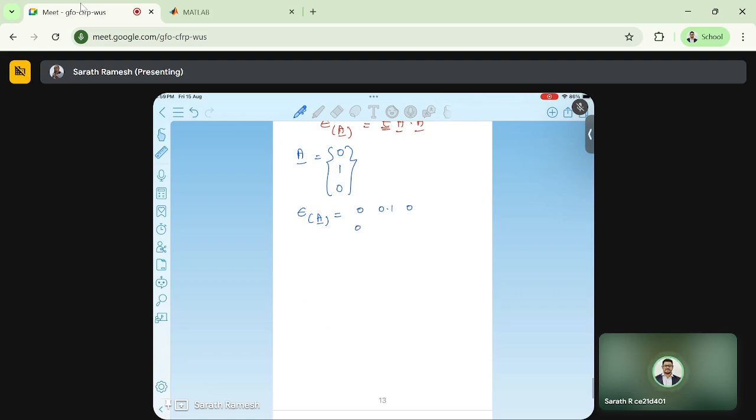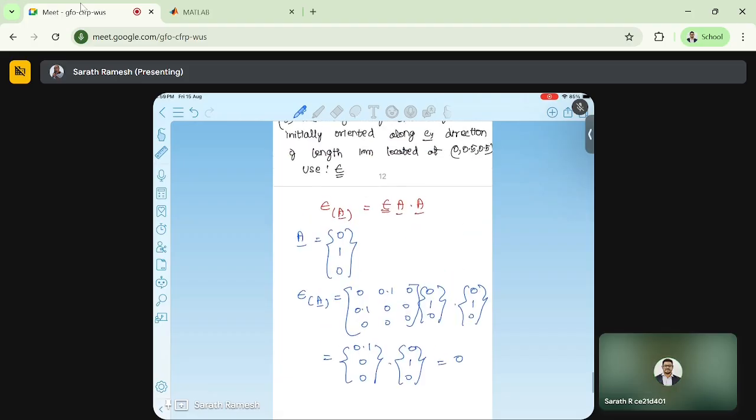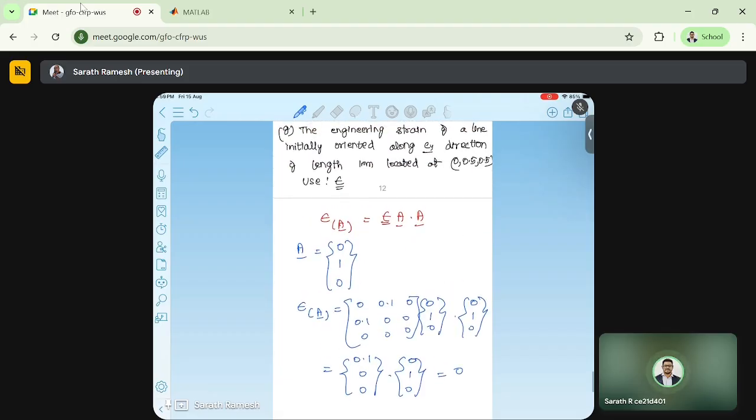Remaining everything is 0, times 0, 1, 0, dotted with 0, 1, 0. First we have to multiply these two. So it will become 0.1, 0, 0 dotted with 0, 1, 0. Nothing but 0. Okay. So the engineering strain along the EY direction is 0.